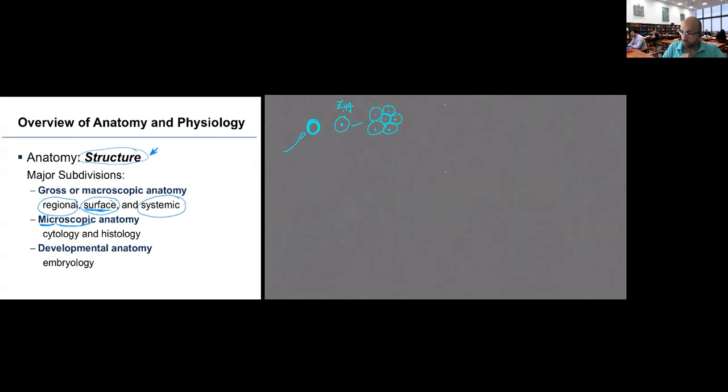And this cluster of cells will be forming 3 layers. And those 3 layers, each of them will give rise to different organs, and how those different organs will be formed.